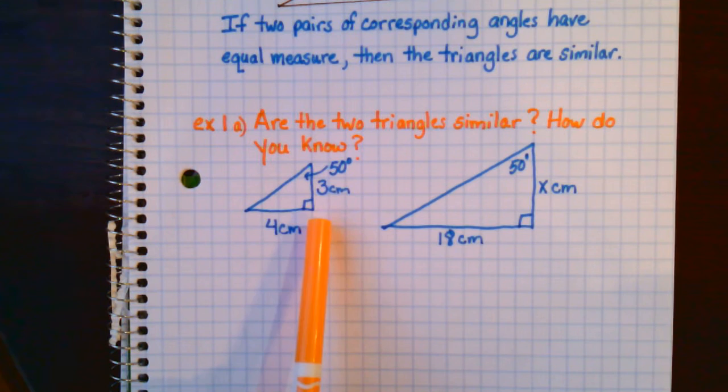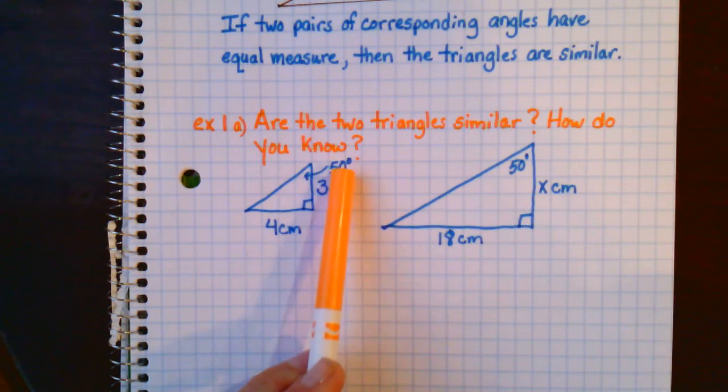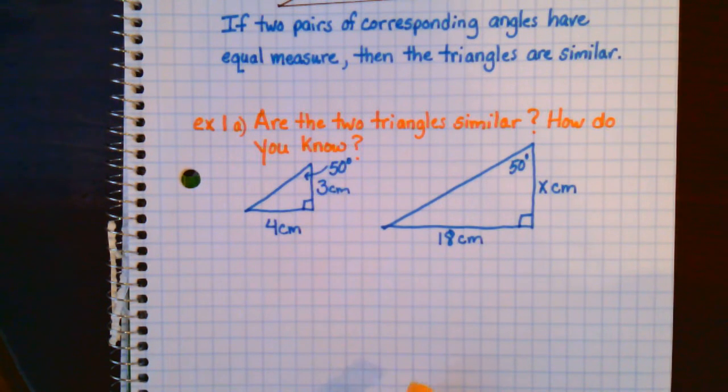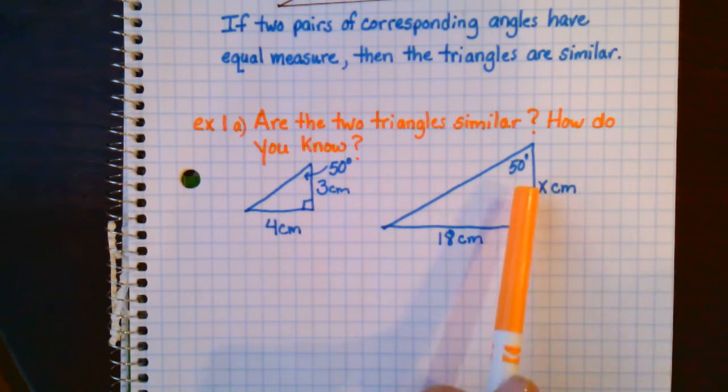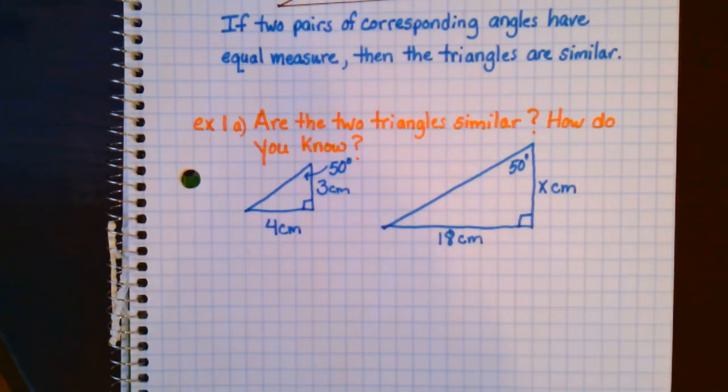This corner in the bottom right is marked as a right angle or a 90-degree angle, and directly above that is a 50-degree angle. Moving over to the right, we have a larger triangle with a base of 18 centimeters, an unknown height. In the bottom right-hand corner, we have a 90-degree angle, and above that we have a 50-degree angle.